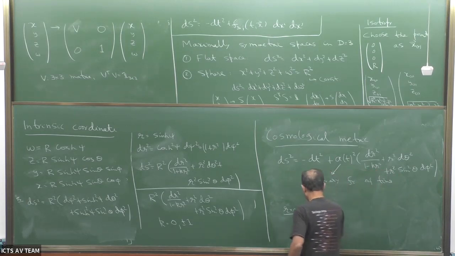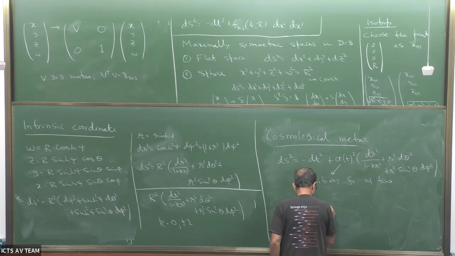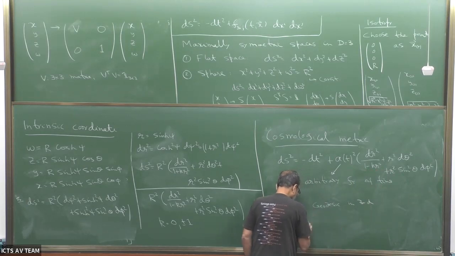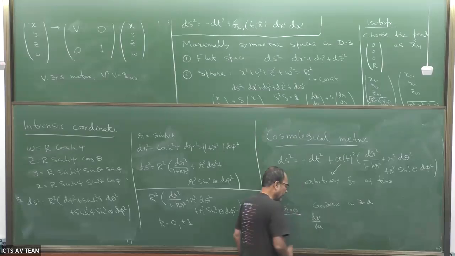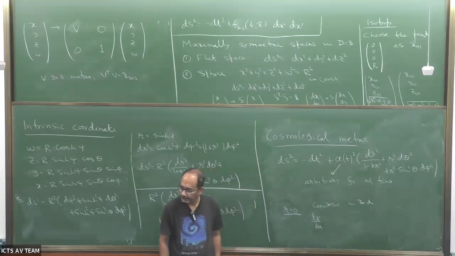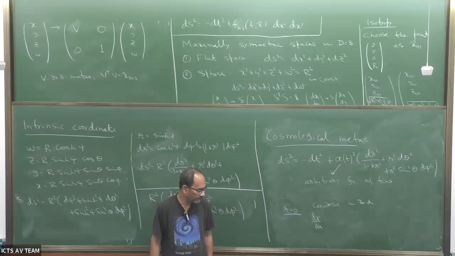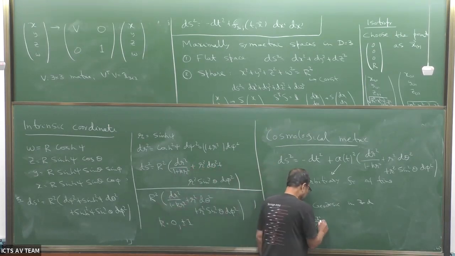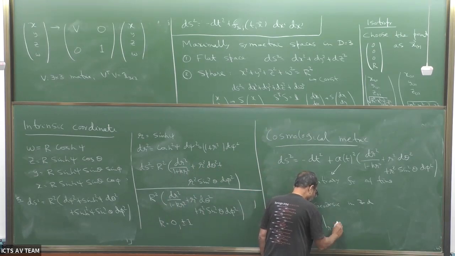So the geodesic in 3D will require giving dx^i/du, where u is some arbitrary parameter, not necessarily affine... okay, maybe let's say affine. We have to give dx^i/du at r equal to 0, some vector.